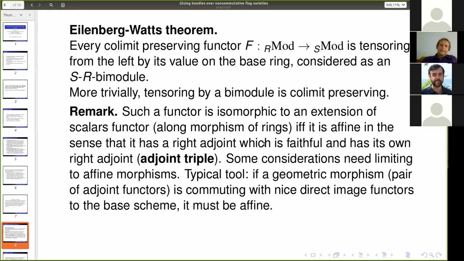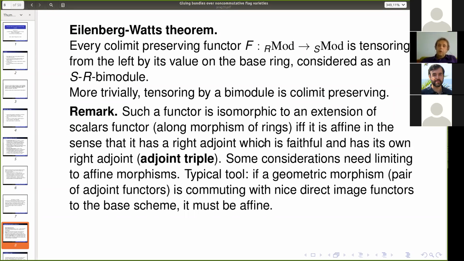Sorry, so the Eilenberg-Watts theorem says that all of them are tensoring with bimodules, but extension of scalars, that's an additional remark, are those which are part of adjoint triples. So you have a direct image functor, you have an inverse image functor, and you have a direct image functor that has its own right adjoint.